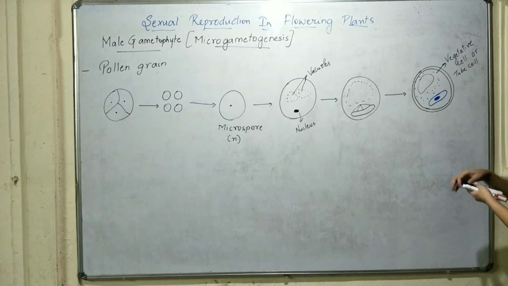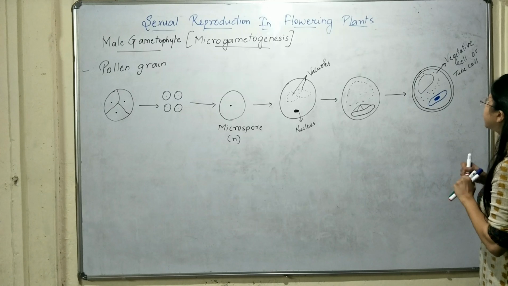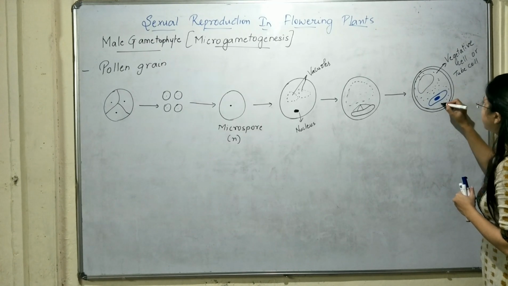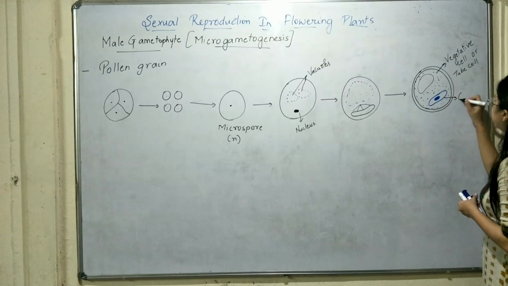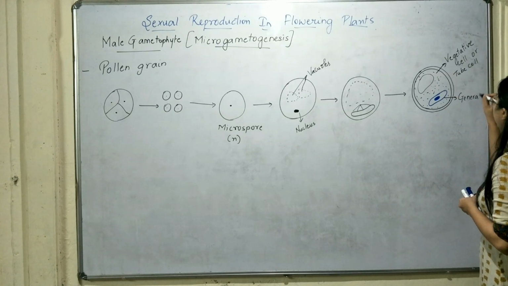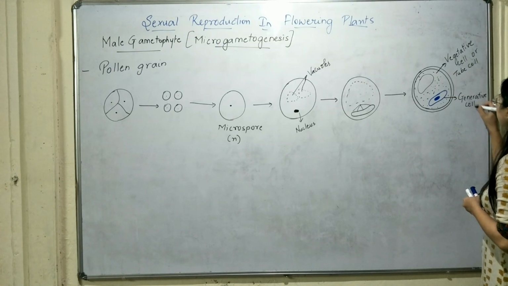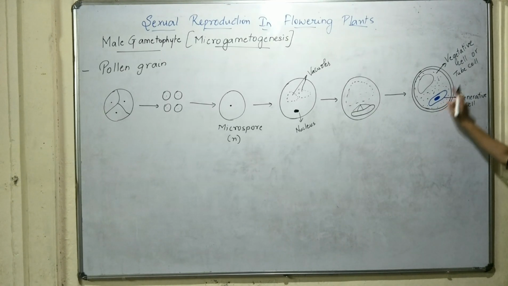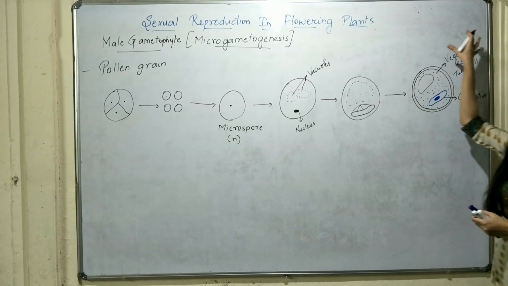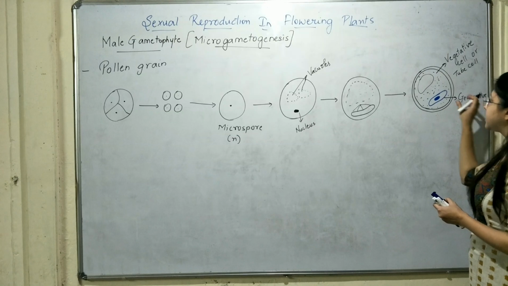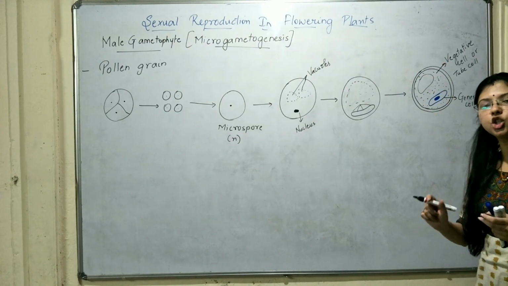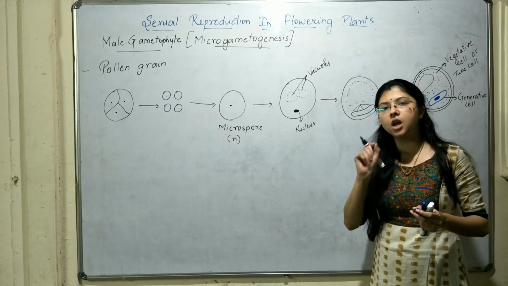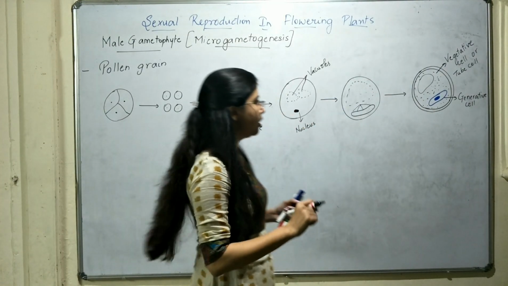This cell keeps floating in the cytoplasm of the vegetative cell, and the second cell is called the generative cell. Generally the vegetative cell, the tube cell, is larger in size, whereas the generative cell is floating in the cytoplasm of the vegetative cell. It is spindle shaped with a spindle shaped nucleus. It is smaller in size.